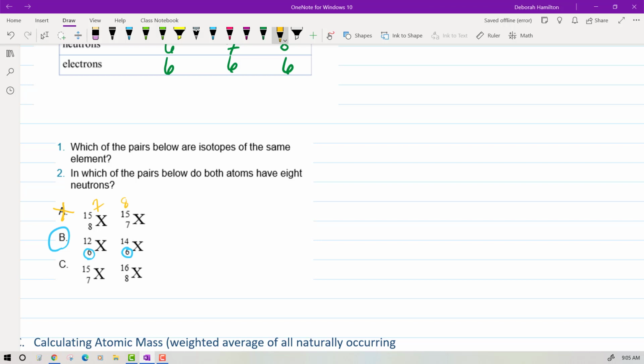So we already answered this question here for B. 7 from 15 is 8, and 8 from 16 is 8. All right, so this is it. They happen to be different elements. They have to be, because the protons, the atomic number, is different.